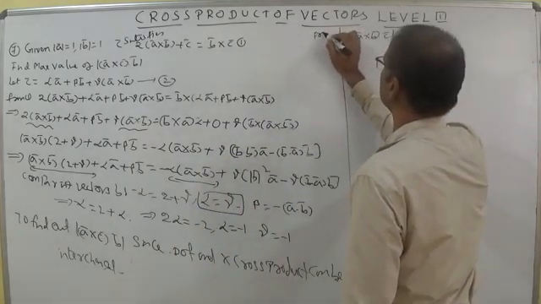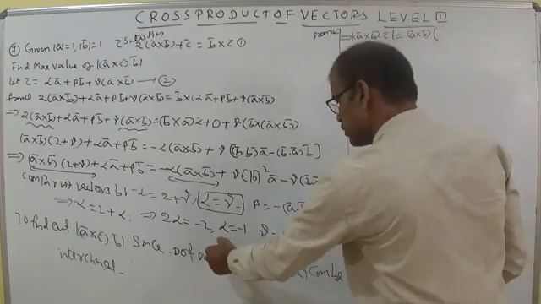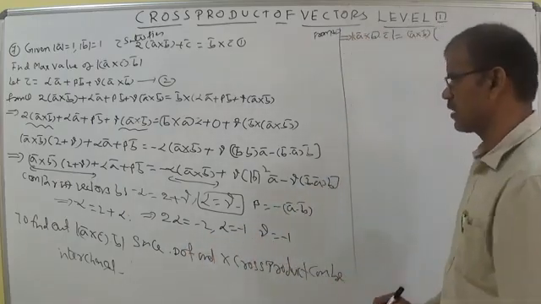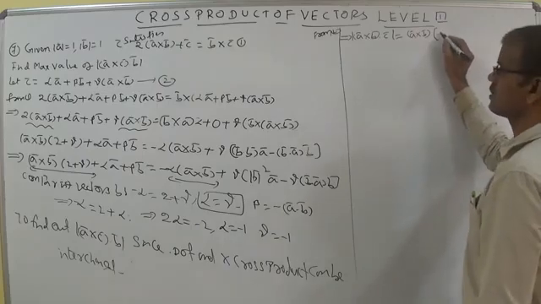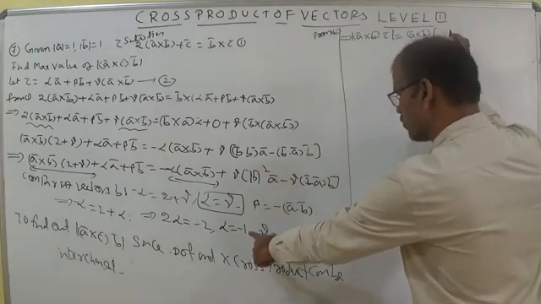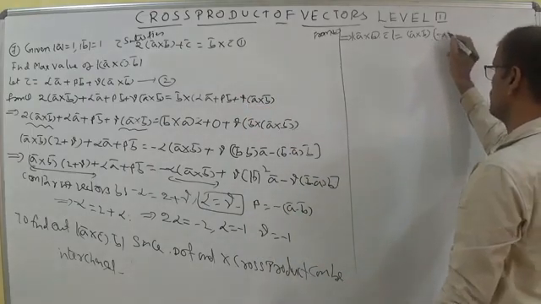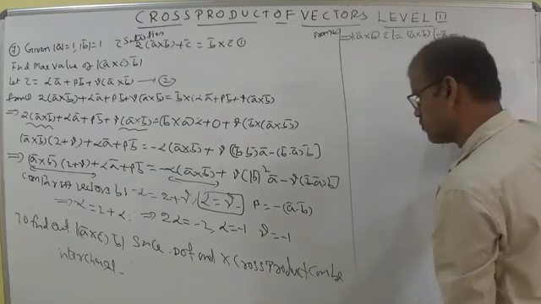Using the second equation, what values we got for C: alpha, beta, gamma. Then A cross B into, instead of C I am writing, what is the value of alpha? Minus 1. So minus A bar you write here. What is the value of beta?